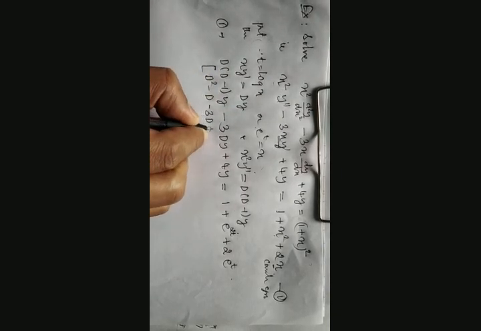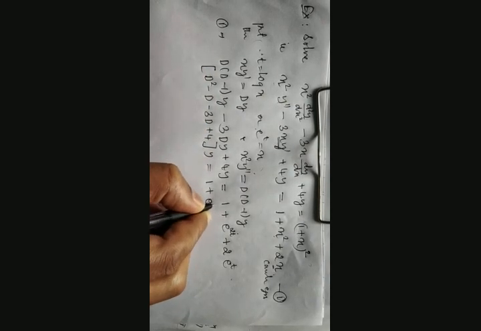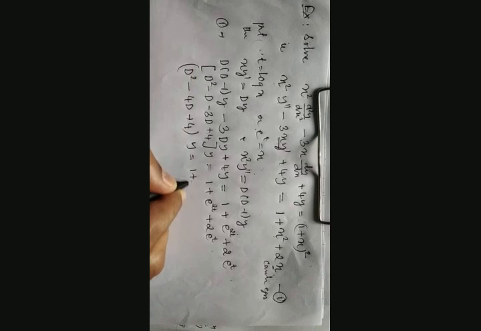Now you can see, d into d minus 1 is d square minus d, minus 3d plus 4 of y is equal to 1 plus e raised to 2t plus 2 into e raised to t. So this is d square minus 4d plus 4 of y is equal to 1 plus e raised to 2t plus 2 into e raised to t.